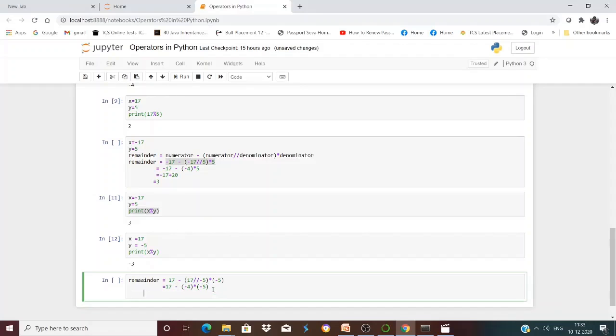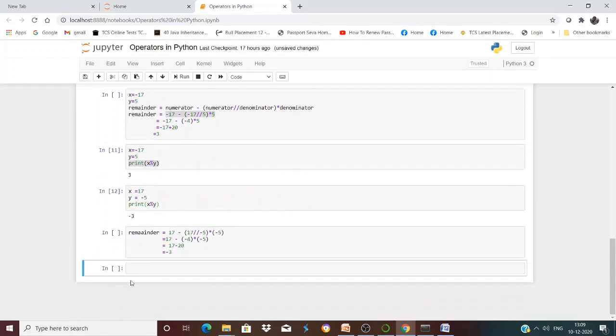So it will again be 17 minus 20, and this clearly gives you minus 3. So there is no need to be bothered about the sign of the remainder. This formula itself is sufficient enough to give you the correct sign as well as the correct magnitude of the remainder. That's it. So the last arithmetic operator that we are going to discuss is the exponentiation operator.